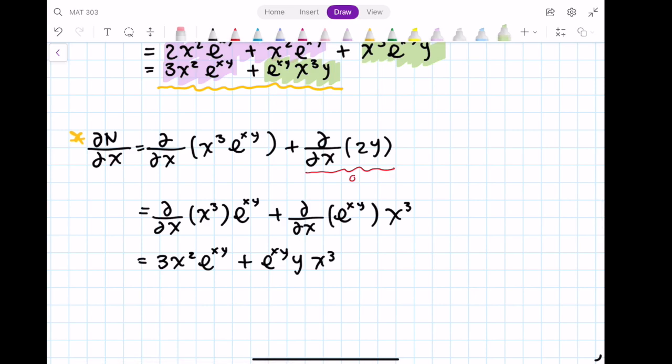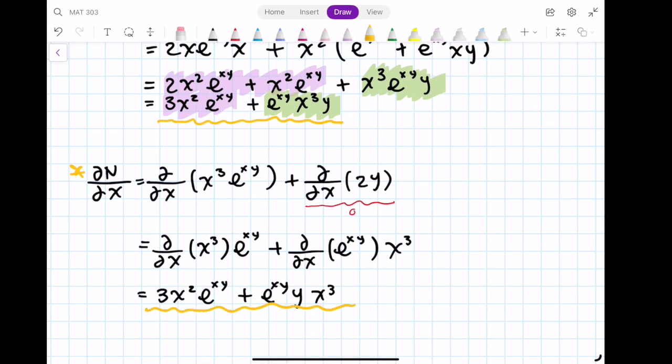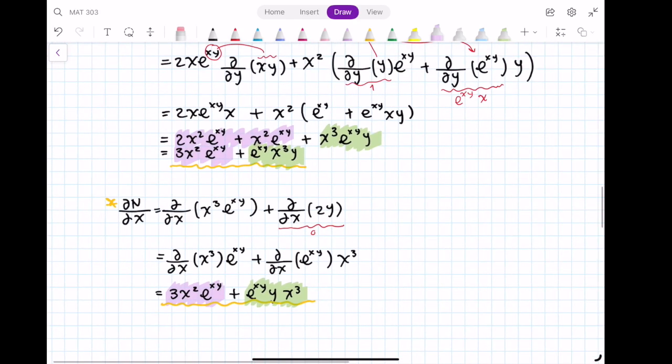So this will be our partial with respect to x, and as we see, this part looks the same as this one, and the other part here looks the same as this one. So our test is done.